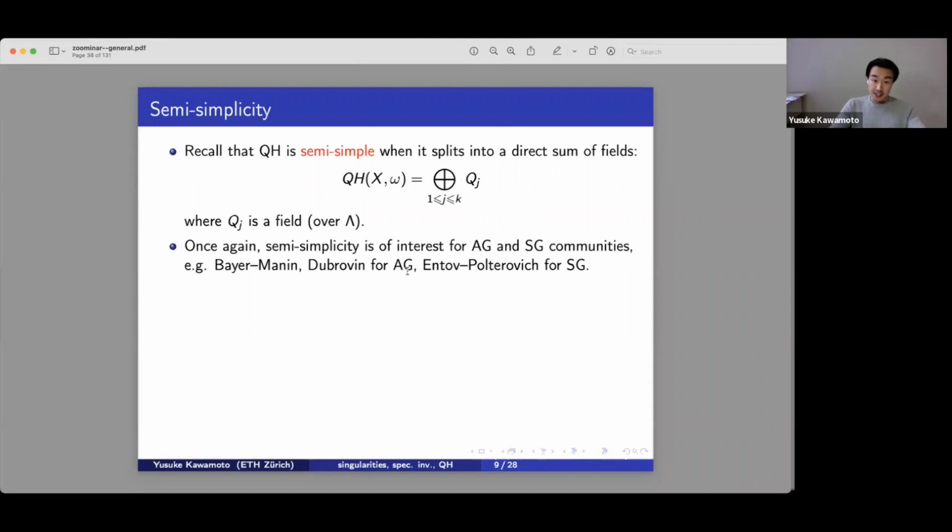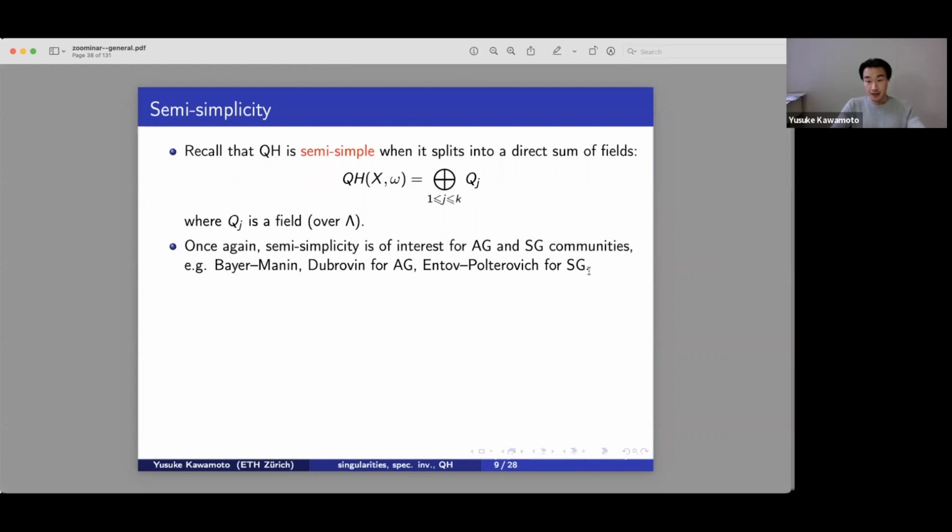On the AG side, there's a famous conjecture called the Dubrovin conjecture, which is about giving conditions for when you have a semi-simple quantum cohomology. Manin also studied this intensively, and Bayer as well. In the symplectic community, Entov and Polterovich found significant consequences.